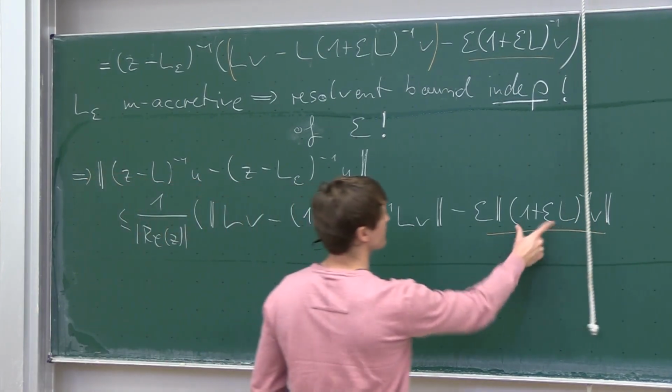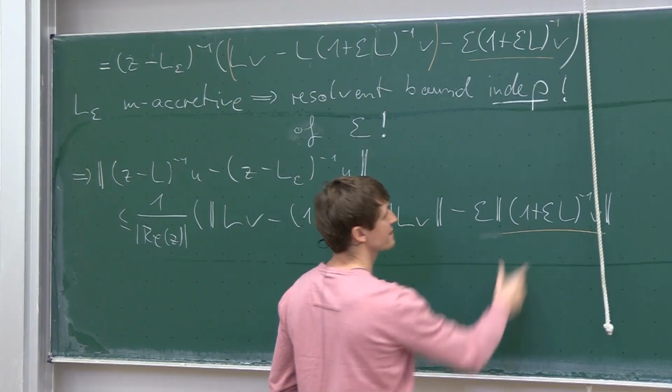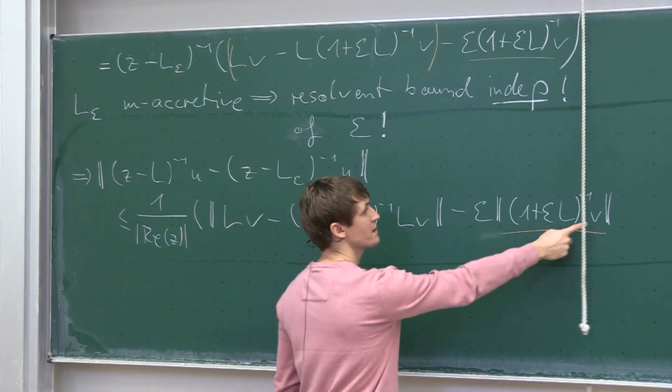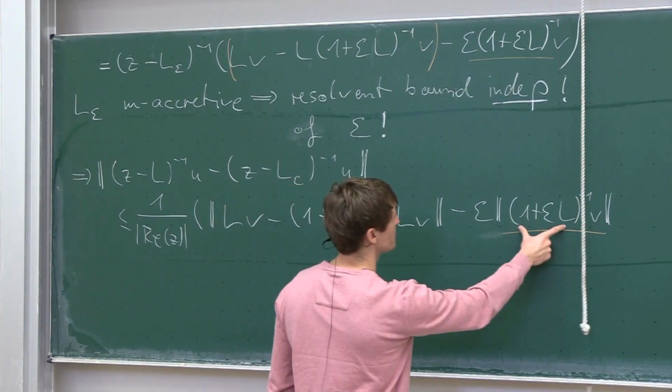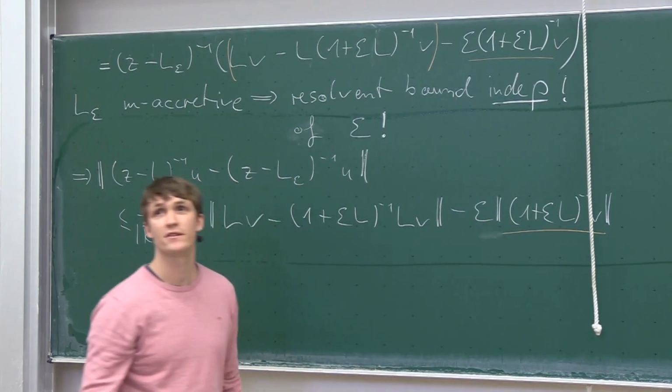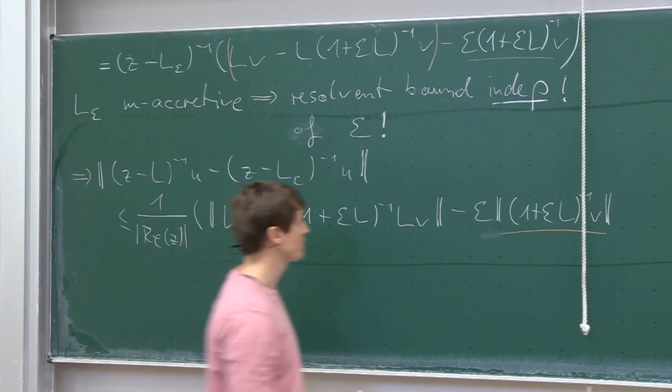Without this epsilon, this is just bounded by 1 times the norm of V, independently of epsilon, and I multiply it by epsilon, so it tends to 0 for epsilon to 0.